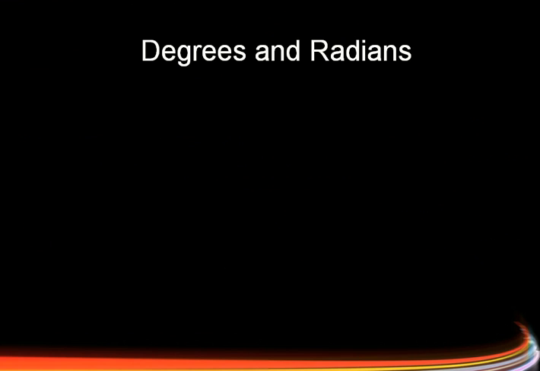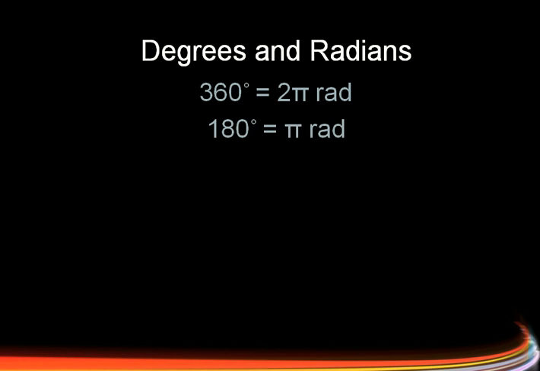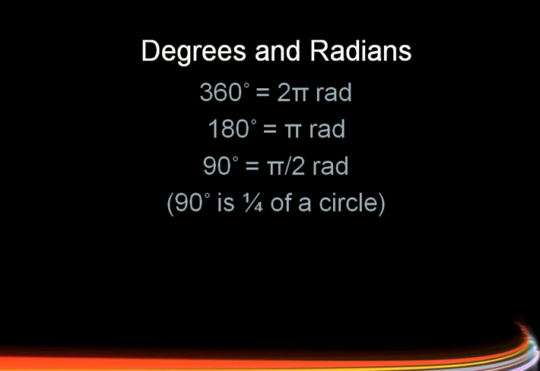Now we're able to make some more unit conversions and say that, well, we're beginning with 360 degrees and we know that that would be equivalent to 2 pi rad. 180 would therefore be equivalent to pi rad, and 90 degrees, because it is 1/4 of a circle, would be equivalent to 2 pi divided by 4, which would be equivalent to pi over 2 rad.